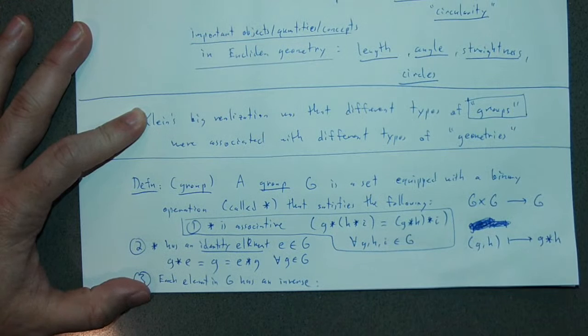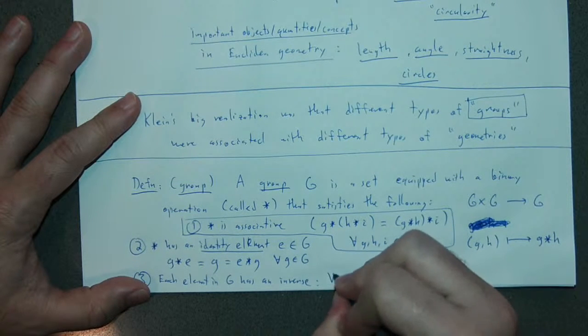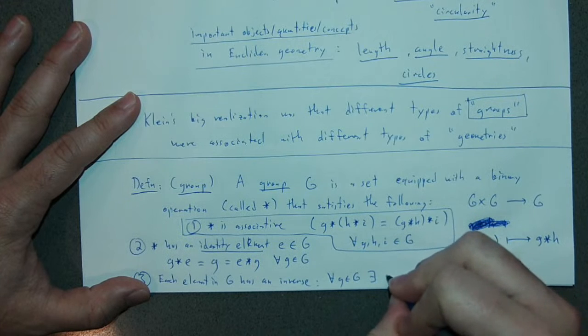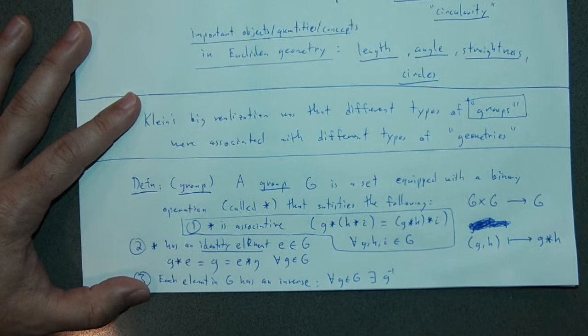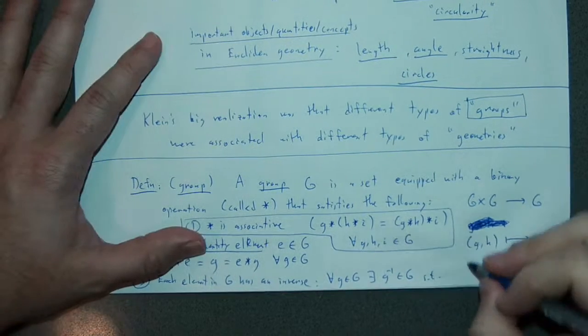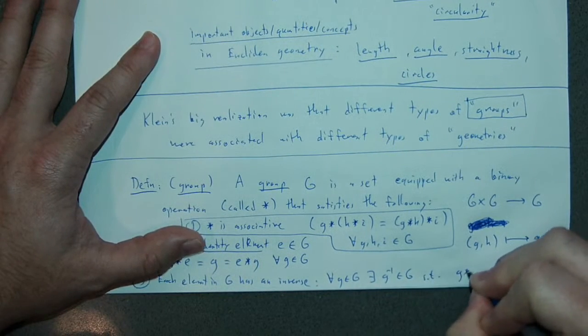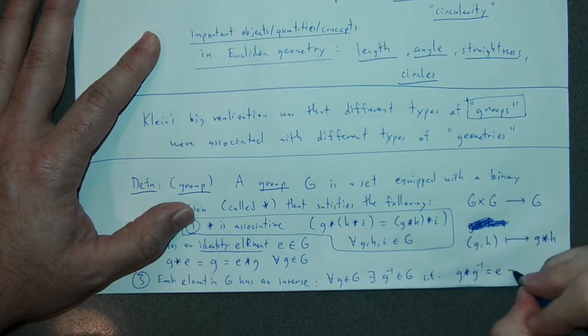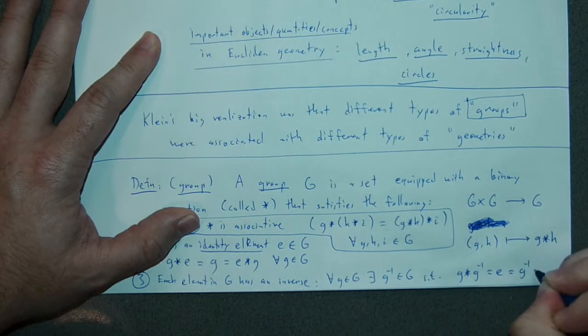What this means is that for all G in G, there exists something called G inverse in G, such that G star G inverse is equal to that identity element E, and actually it works in either order.